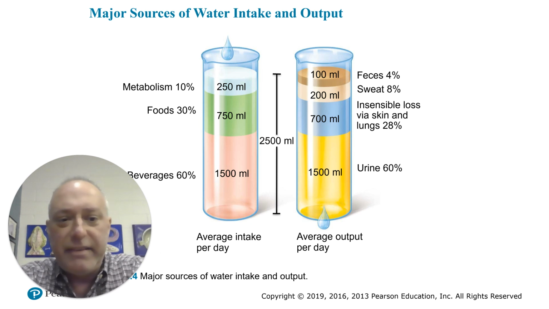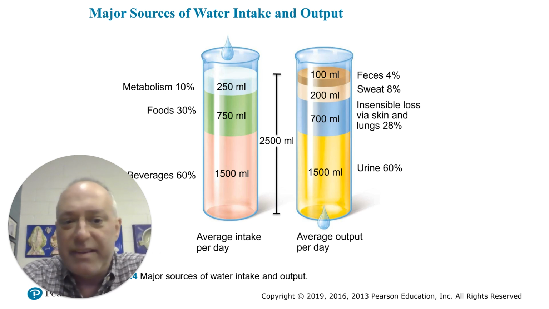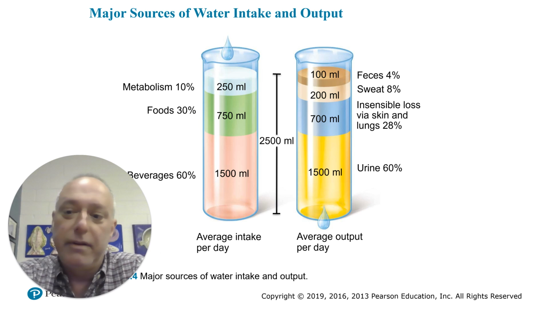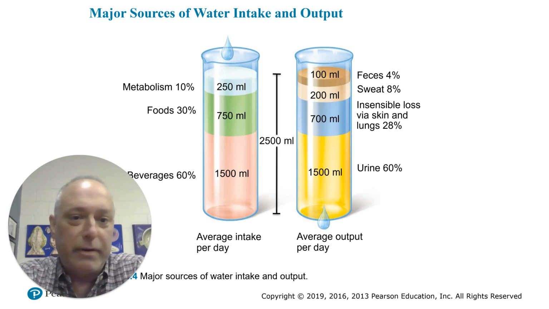And the next category is the insensible loss via the skin and the lungs. When you are humidifying your airways, you lose water. So urine is the major source of water output, but also insensible loss via the skin and the lungs. And then we've got a little bit of sweat and feces.